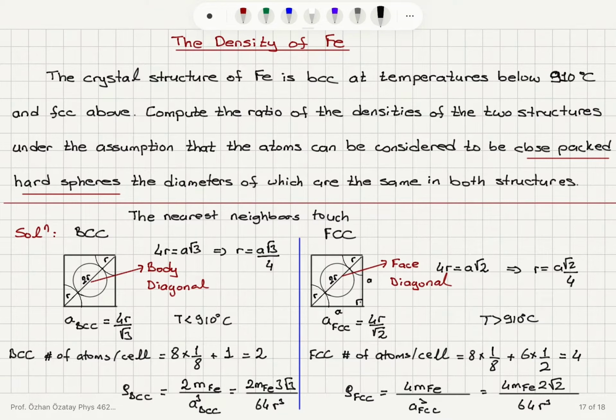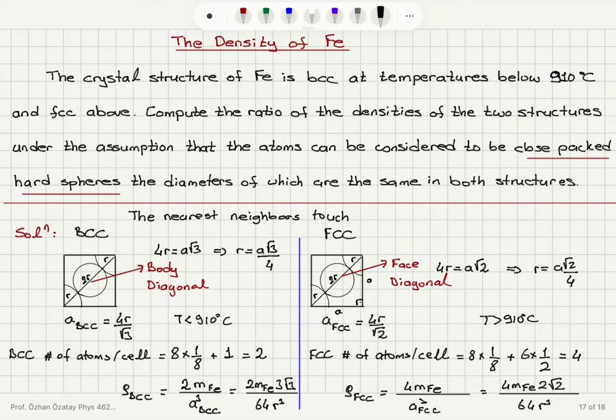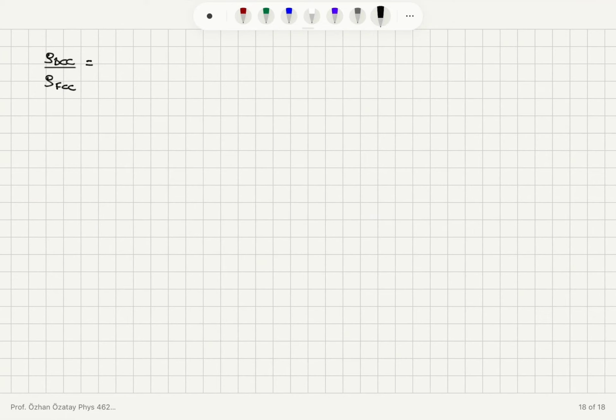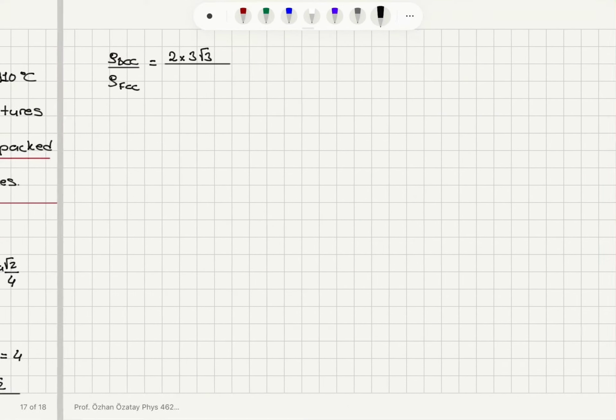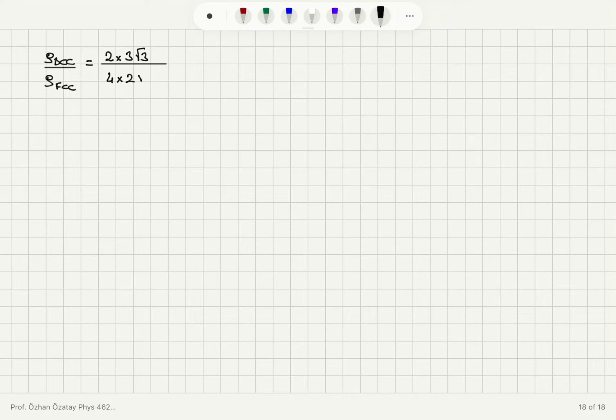Now I'm ready to compare these two densities. So if I take the ratio, the density of the BCC structure divided by the density of the FCC structure, because I have 3√3 on BCC and 2√2 on FCC, the ratio of 2 mass of iron 3√3, so it's going to be 2 times 3√3 divided by 4 times 2√2.